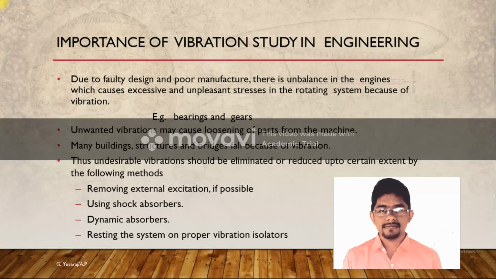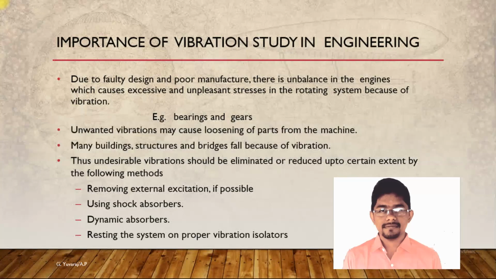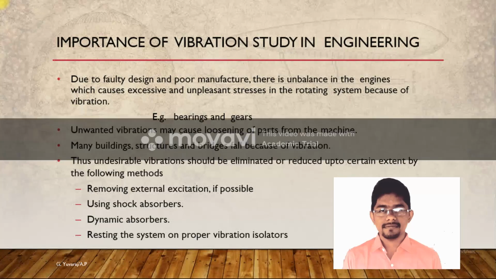Point number 2, using shock absorbers to reduce the vibration. Point number 3, using dynamic absorbers, which means vibration arresters. And the fourth one, resting the system over proper vibration isolators.